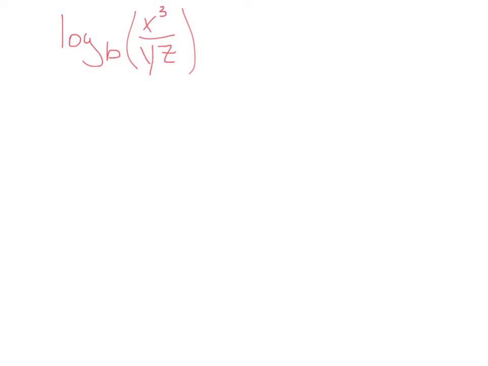The first thing I'm going to look at in this problem is that we have a division problem. So I'm going to rewrite this as log base b of x cubed minus log base b of y times z. And just like any other time you have a subtraction sign, be very careful what's going on, and make sure your signs are correct.